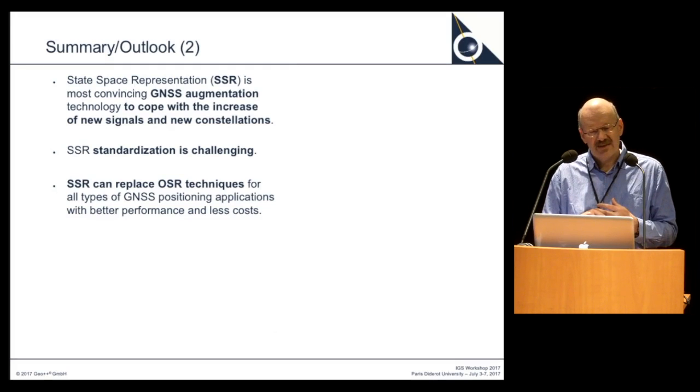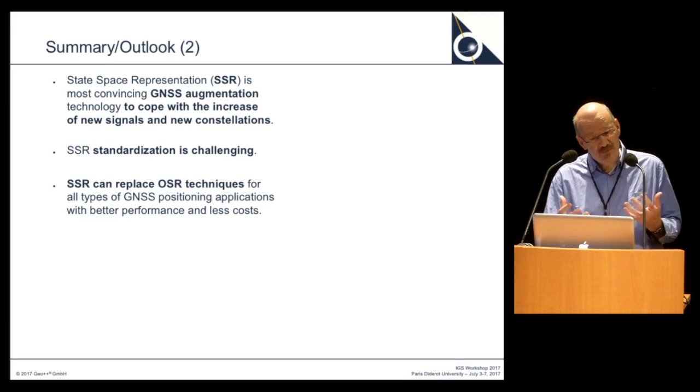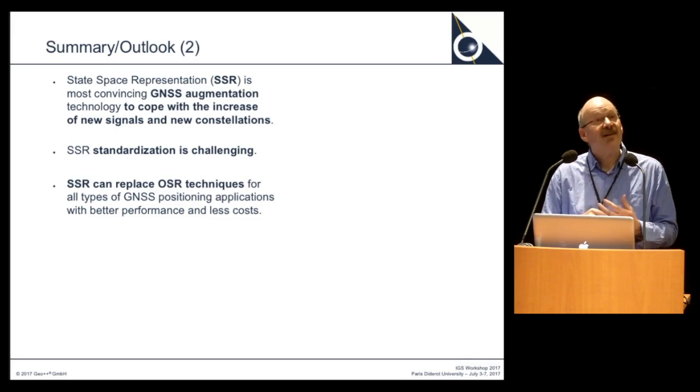It's very difficult in an industrial consortium to standardize this information, and so the scientific community is very important to verify and test these approaches and confirm to the industry that this is the right path. SSR technology will probably substitute the conventional OSR techniques in the near future, and this is the reason why we are working on this technology.